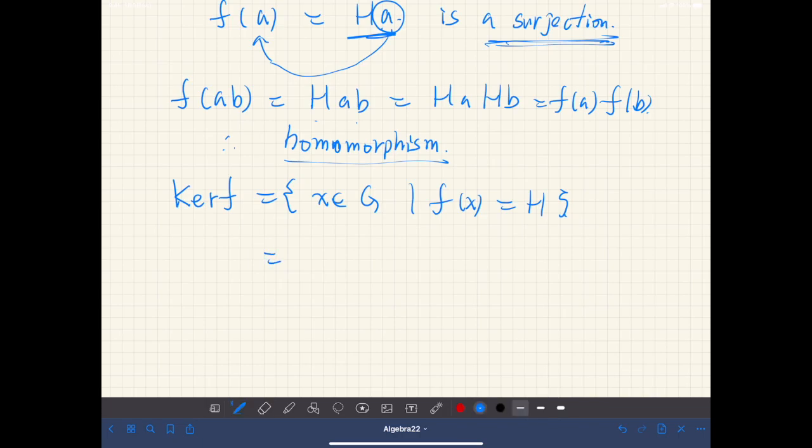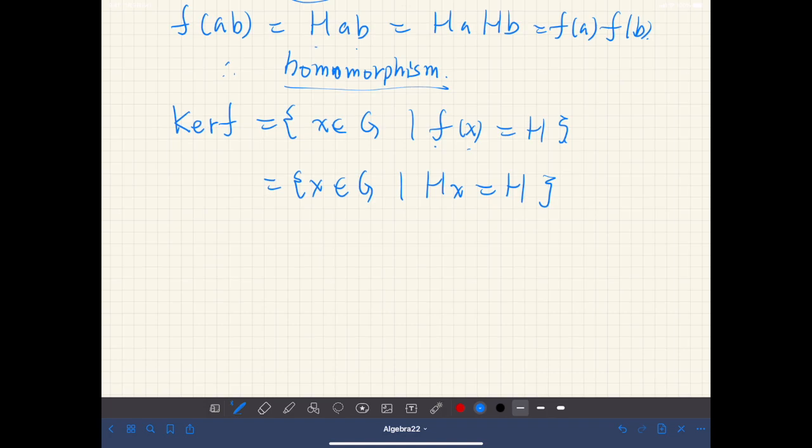So that is x in G and f of x is Hx, but this should be equal to H. But what this means is that such an element x belongs to H, right?